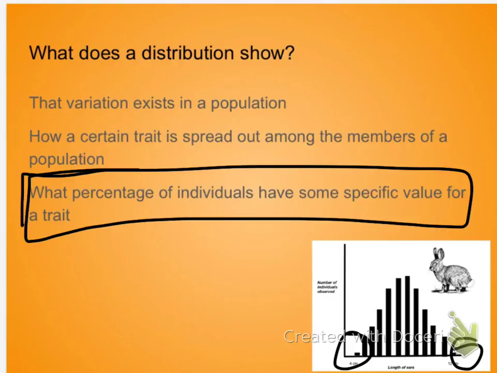So we can say, according to this bar graph, 39% of all rabbits have 8 centimeter ears. You could have done that with the data from your variation lab. You could have looked at what percentage of individuals were 170 centimeters tall. What percentage of individuals had 20 centimeter hand spans?